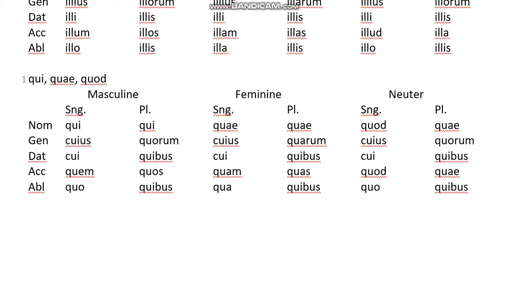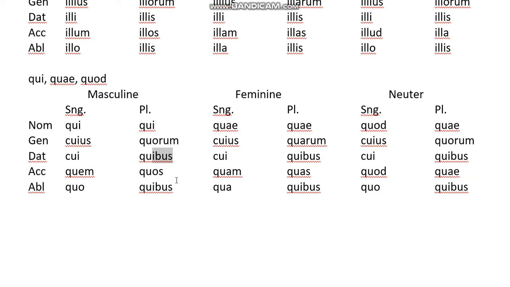The other slightly weird one is qui, quae, quod. You can see once again just a lot of things are a little weird here. So instead of having quum or anything like that, you have quem. You do have quam, but then quod over here. And furthermore, for the dative plural, you have this ibus ending.